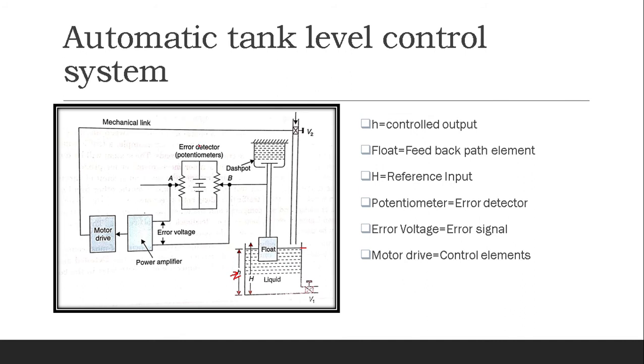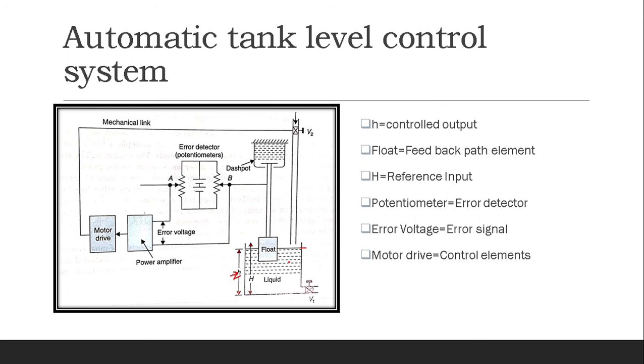Now the thing is that the control system automatically attempts to correct any deviation between the actual and desired level of water in a tank. So if your float is at the down position, your slider will be somewhere right down here, and it will generate some error voltage that is going to be fed to the motor, and that will open your valve V2 accordingly, and that will pour water into this container.